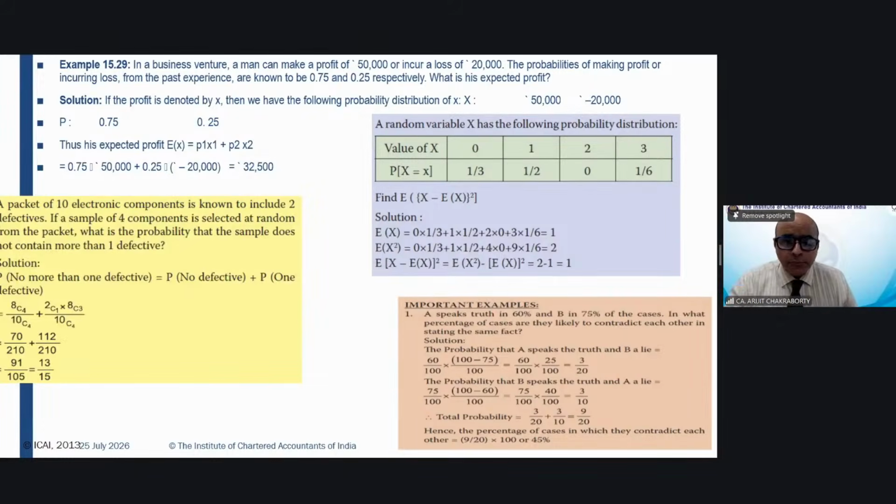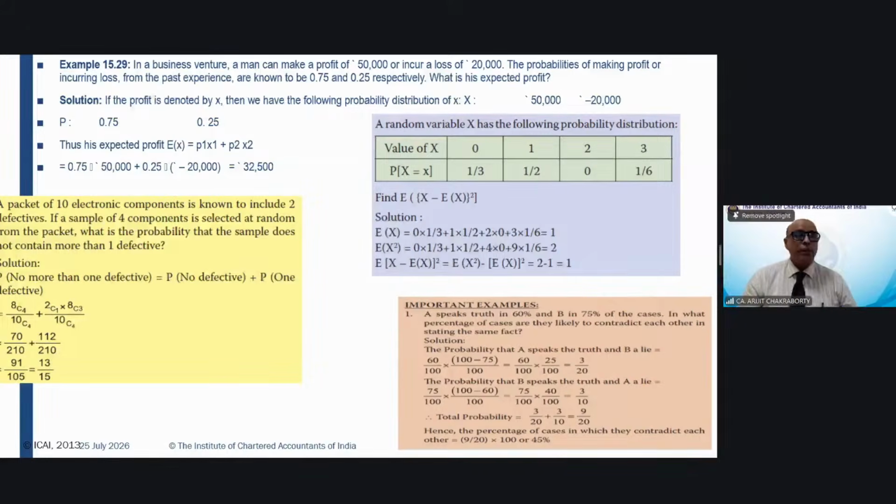So the probability that A is not speaking the truth, that means A is lying, is given by the complementary event. This is what I was explaining earlier. It is given by 1 minus 60 by 100, that is 40 by 100. In this way, we are getting the second scenario. Once you add up both of them, you are getting 9 by 20.